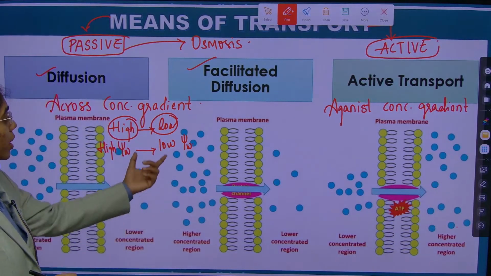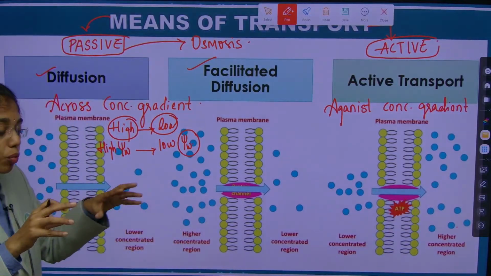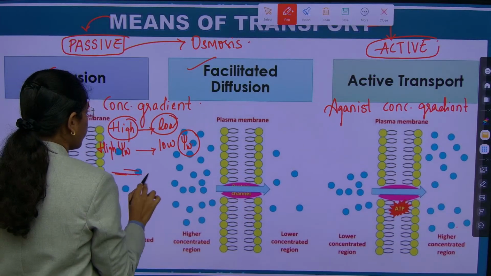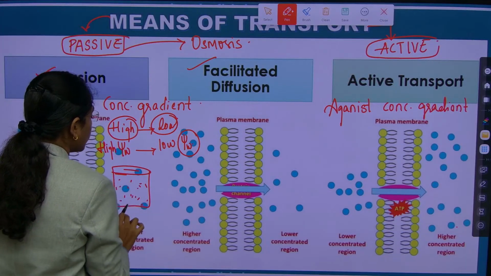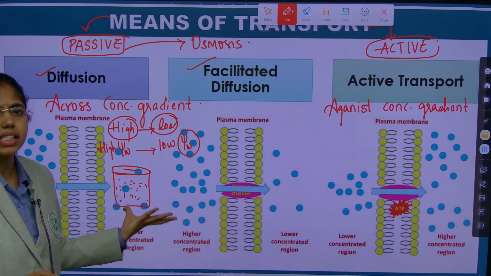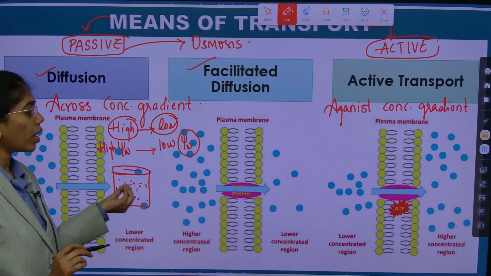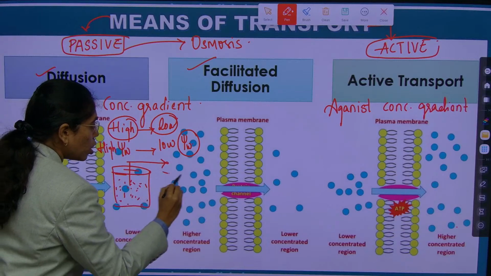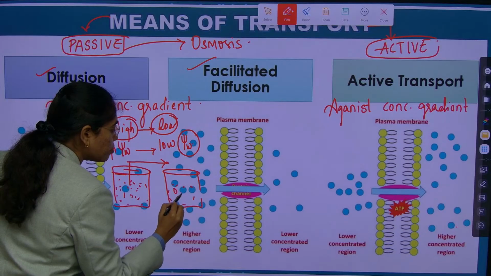Fine, right. What is water potential here? Water potential is nothing but the free movement of water. For example, if you have taken a beaker full of water, only water molecules, the free movement or the kinetic energy of these water molecules will be maximum because there are only water molecules here. That is the high water potential. Now consider movement of these water molecules to a beaker containing both water molecules and some solute particles.